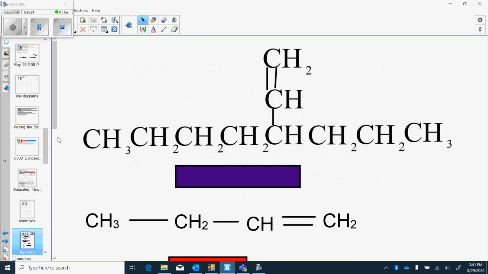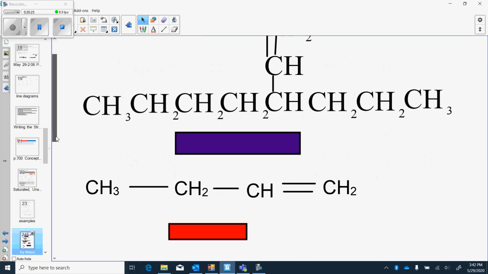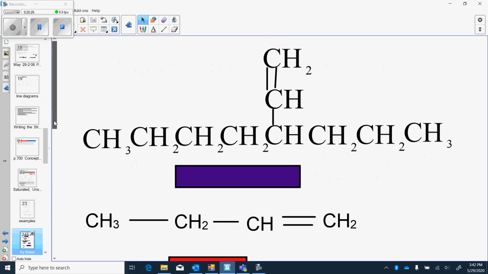There's lots here. If you want to take a look at these slides a little later, I'll uncover the answers. But you can see here we have a double bond. So we have to count it. You can't count it this way. That's incorrect to count it this way. You'd have to count it with the double bond. Okay? So you're actually going to have a branch here with 3 carbons. You're going to have a propyl branch. Okay? 1, 2, 3, 4, 5, 6, 7.